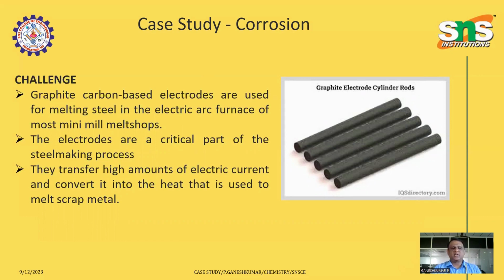These carbon-based electrodes can transfer a large amount of current and convert it into heat, which is used to melt the scrap metal. So in order to melt the metal, we need a lot of heat. That heat is supplied through an electrical current, and the carbon graphite rod supports this.